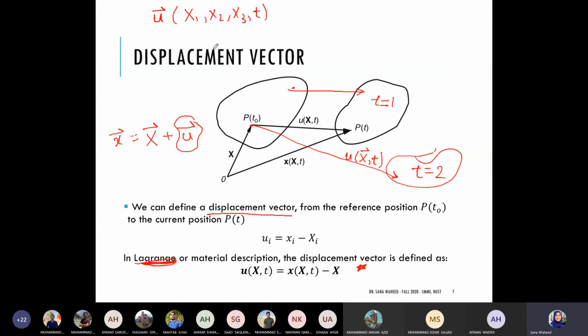Okay? And notice u is also a vector. That means all the components of u. This implies if I write it in vector notation, then u1 is a function of x1, x2, x3 and the time. Then u2 is a function of similarly x1, x2, x3 and time.